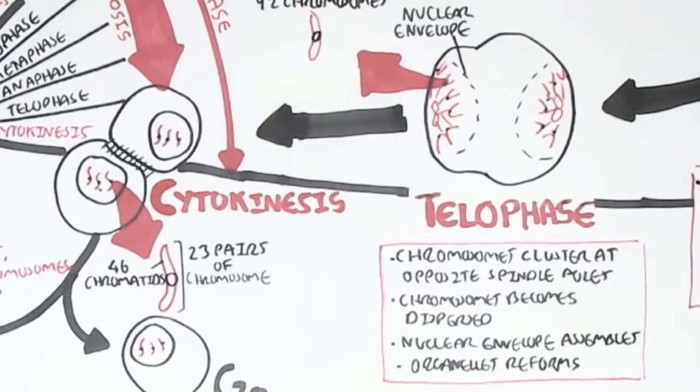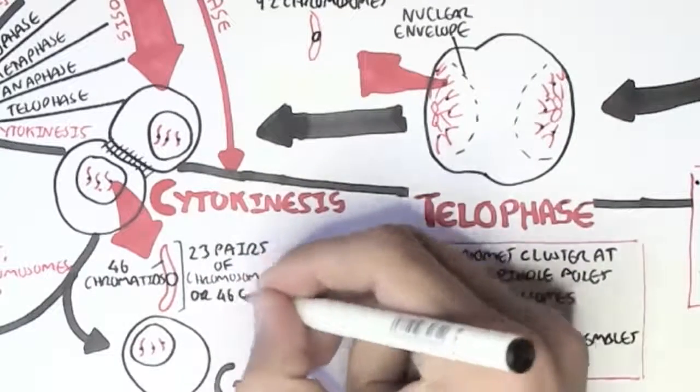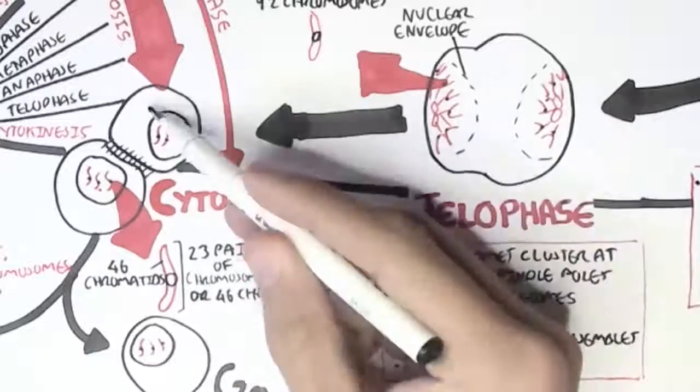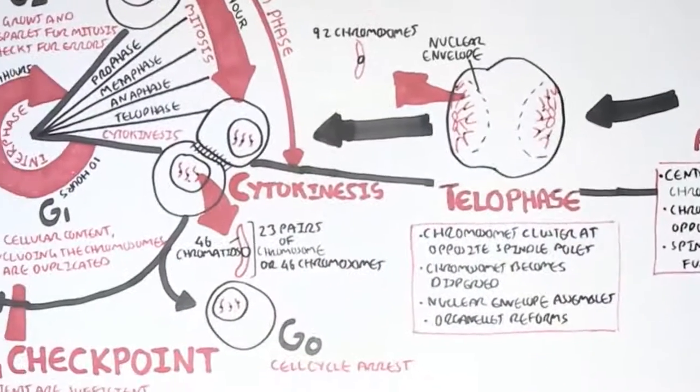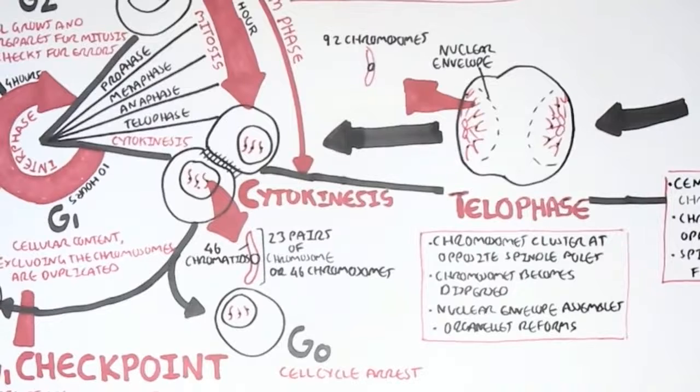And therefore, each of these daughter cells will have 46 chromosomes each, or 23 pairs of chromosomes each. And of course, 1 chromosome will have 1 chromatid, so it will have 46 chromatids.